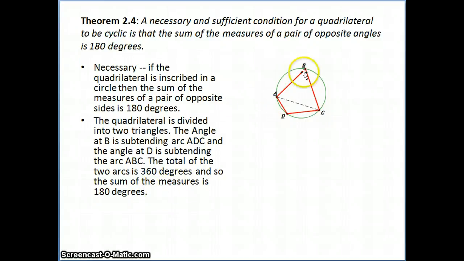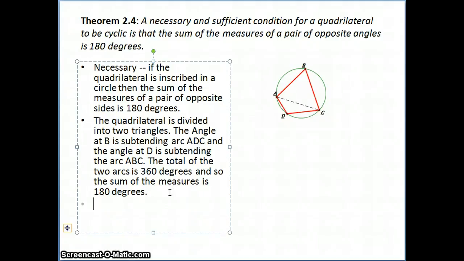First of all, we know angle B, by theorem 2.2, the inscribed angle theorem, is half of the arc ADC. And angle D, which is also an inscribed angle, has measure half of the arc ABC. Because ABC plus ADC is 360, angle B plus angle D should be half of the total. So that's going to be 180.